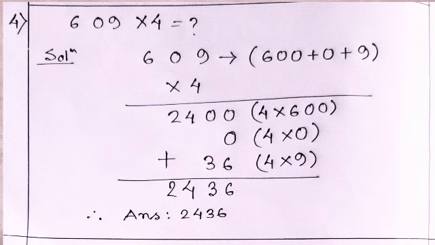First of all, we will multiply 600 by 4, that is 6 4s are 24, and as there are 2 zeros, we have to put 2 zeros. Then 4 zeros are 0. Then 4 9s are 36. You can avoid the 4 zeros are 0 part also, but if you want you can write it. Now you have to just add. Then we will get the answer 2436.